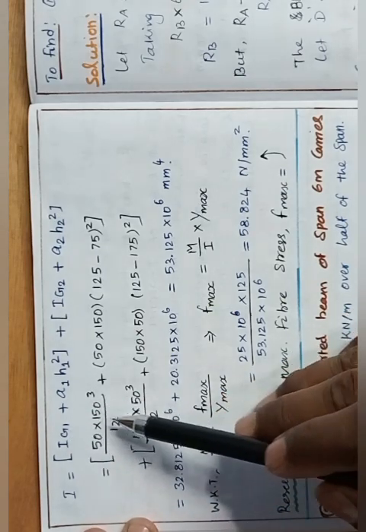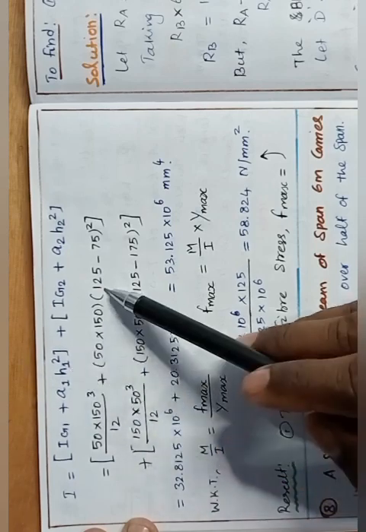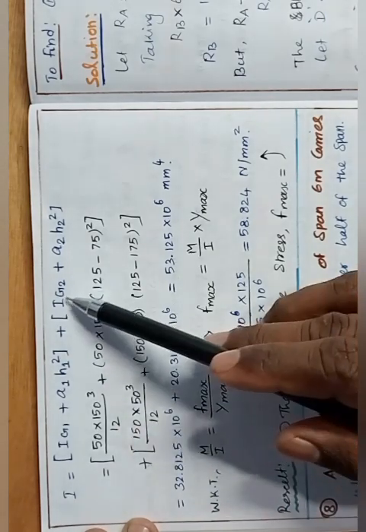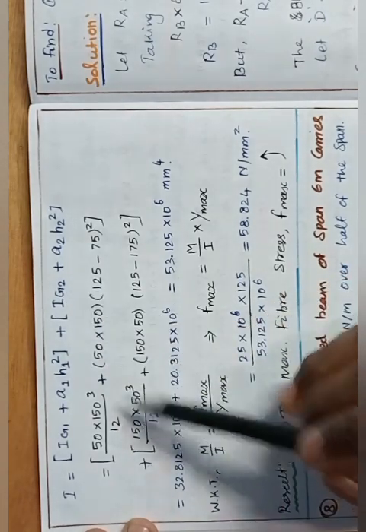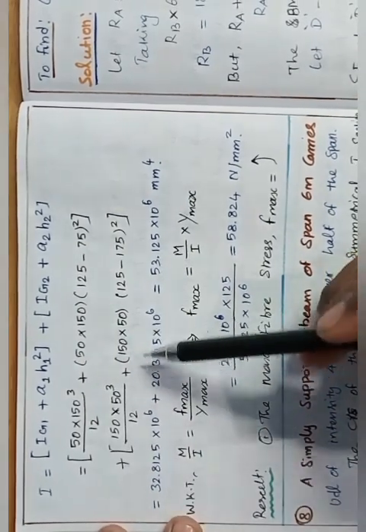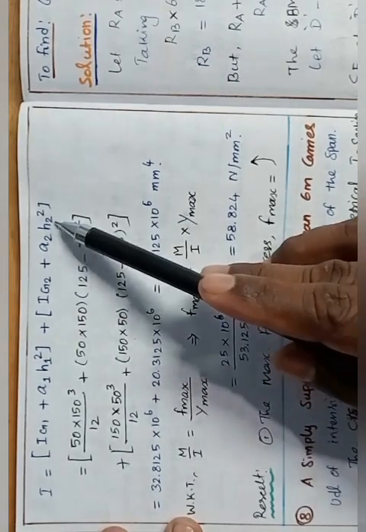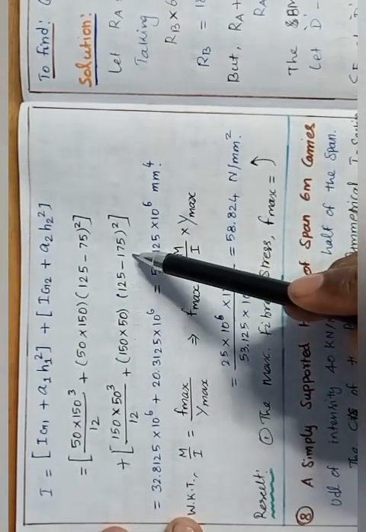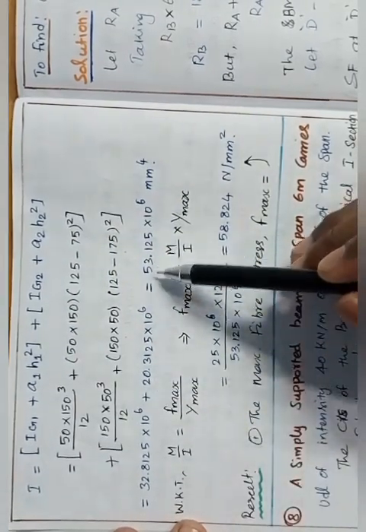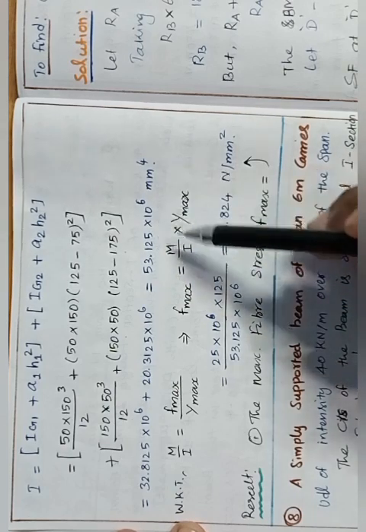So 50 into 150 cubed divided by 12 plus A1 equals 50 into 150 and H1 equals 125 minus 75 squared, plus 150 into 50 cubed divided by 12 plus A2 equals 150 into 50 and H2 equals 125 minus 175 squared. Finally we work it out and get 53.125 into 10 power 6 mm power 4.